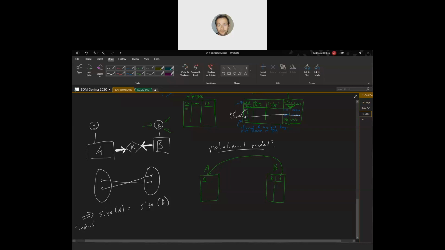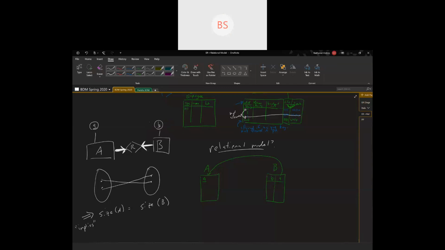Oh, I see. So can you put B in there but make A the primary key alone? Put B in the B table, but not make it part of the primary key and just make A the primary key and make it foreign to the primary key of the A table.